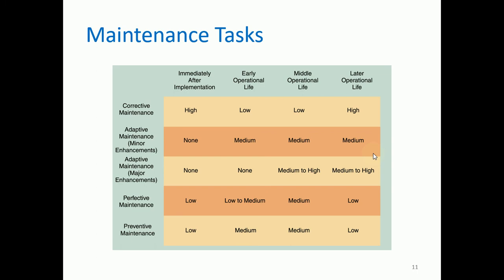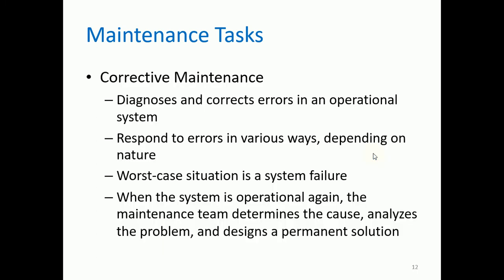So let's discuss one by one the characteristics of these maintenance tasks. First is corrective maintenance. It diagnoses and corrects errors in an operational system. It responds to errors in various ways depending on the nature. The worst case situation is a system failure. Of course, you have to correct what happened.